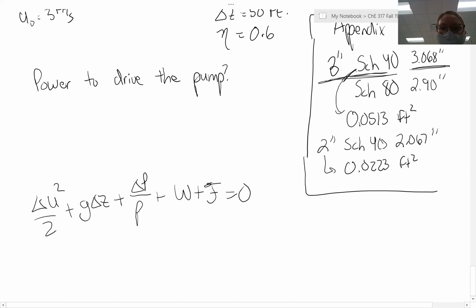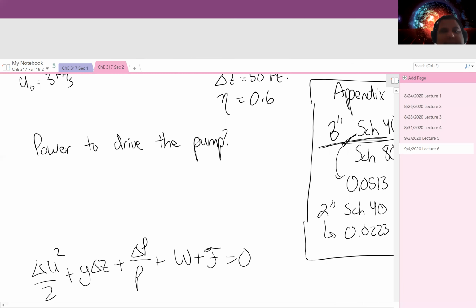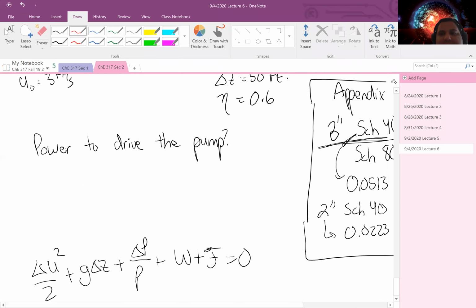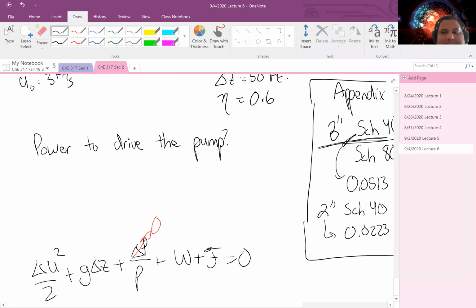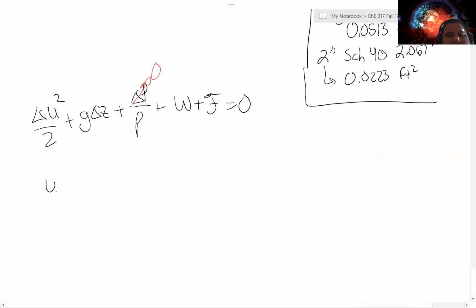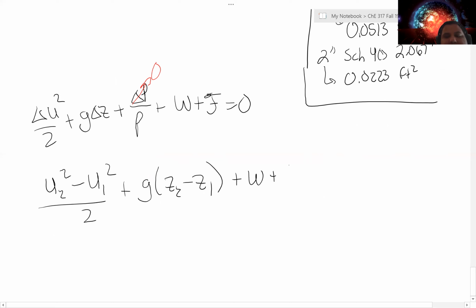Pressure should be 0. So the change in pressure, assuming everything I stated earlier, will be 0. With that in mind, I can write this out a little bit more, right? U2 squared minus U1 squared over 2 plus G Z2 minus Z1 plus work plus friction equals 0.